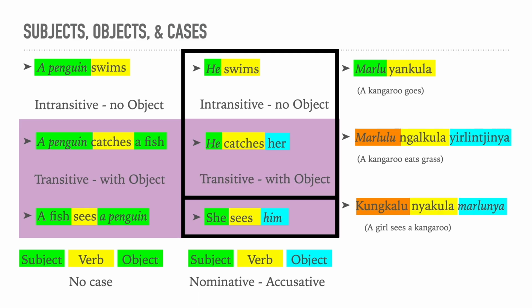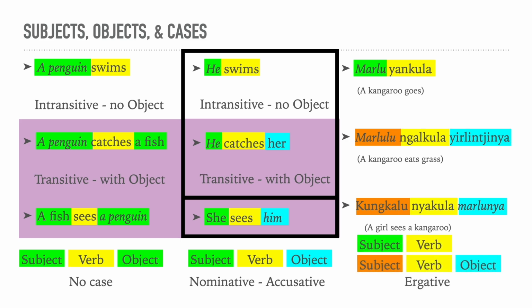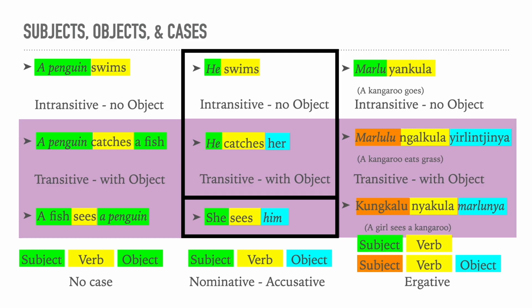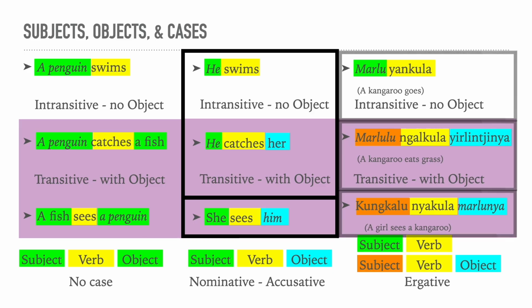So we've actually got three ways of marking a noun here that indicates exactly who is doing something, if it's to someone else, and who is having that thing done to them. So we have a subject for intransitive verbs, a subject for transitive verbs, and an object. Naturally, the object is only for transitive verbs because intransitive verbs can't take an object. And this we would call an ergative system.